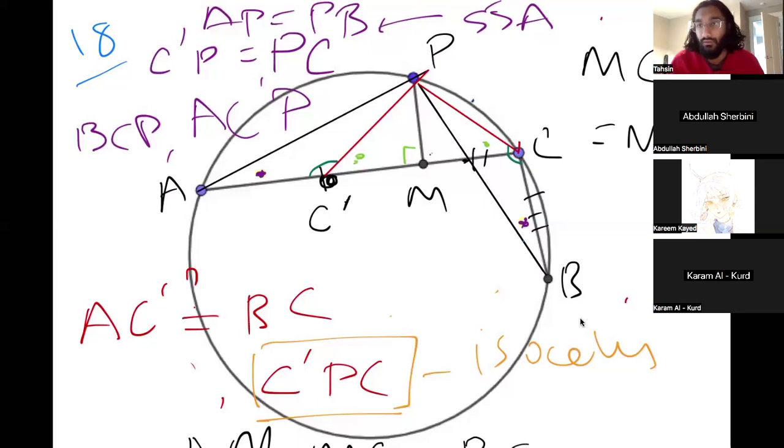Yeah, good, that's right. So we have an isosceles triangle that will tell us that the leg angles, one of them is acute, so AC'P is obtuse. Does it make sense? Okay, so that one is obtuse, and then what about BCP?